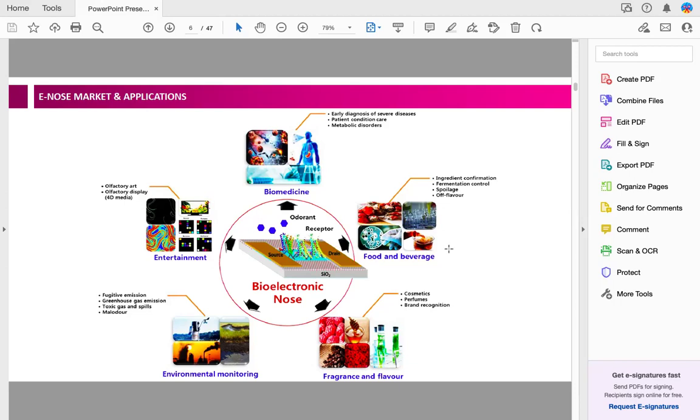The ENOS also can be used to check the quality of food. As we know, when food is spoiled, of course there is a bad smell.